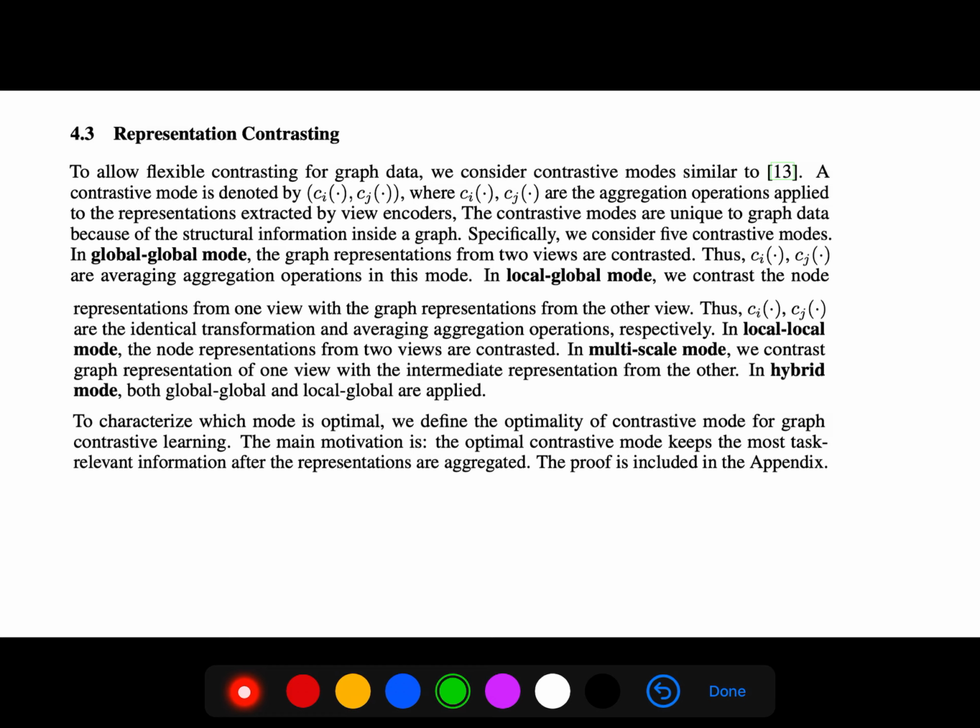Thus, C sub I, C sub j are identical transformation and averaging aggregation operation, respectively. In the local mode, the node representations from two views are contrasted. In multi-scale mode, we contrast the graph representation of one view with the intermediate representation from the other. In hybrid mode, both global and local-global are applied.